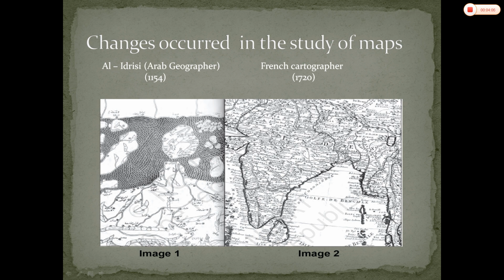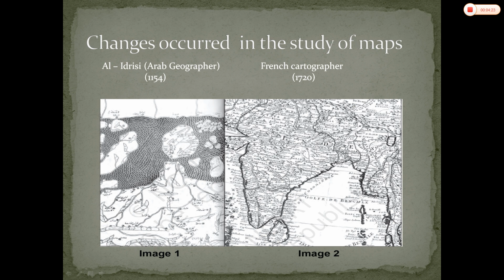That means the Arab geographer has made the map of India just opposite of today's map. He has made India upside down, so northern India is in the south and southern India is in the north.